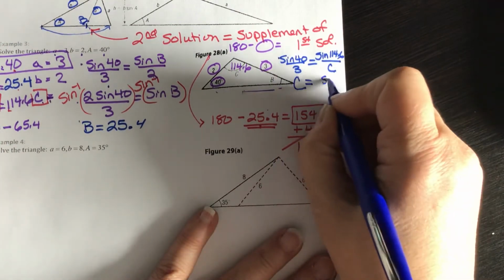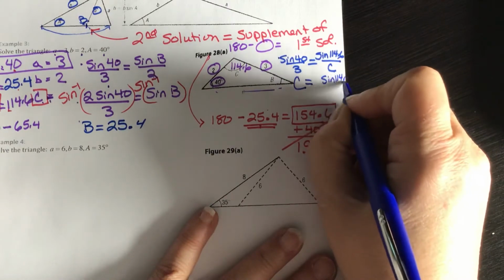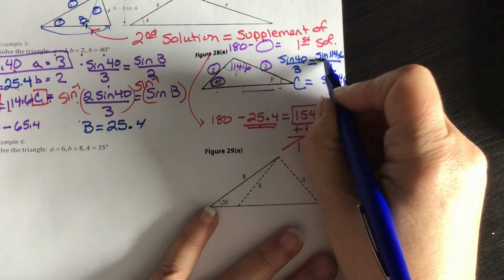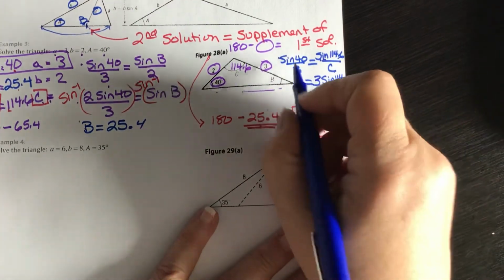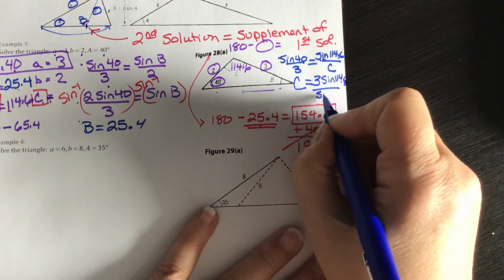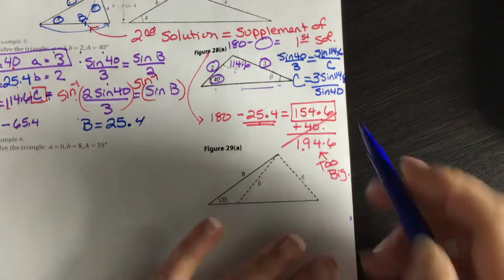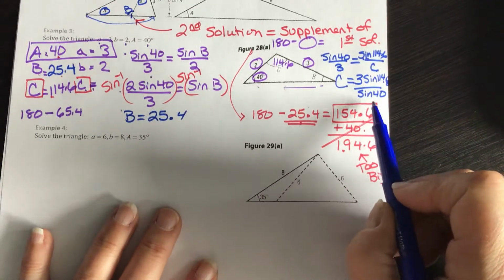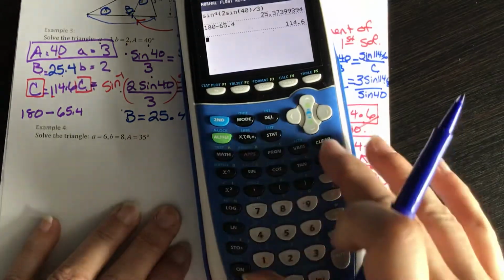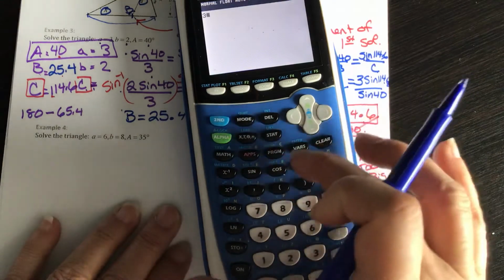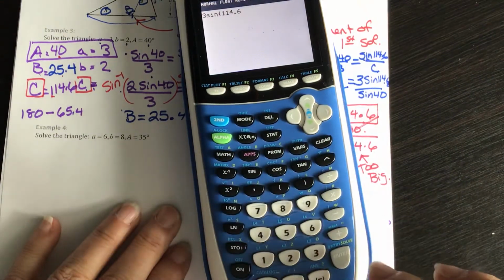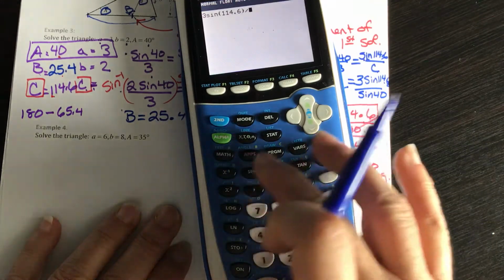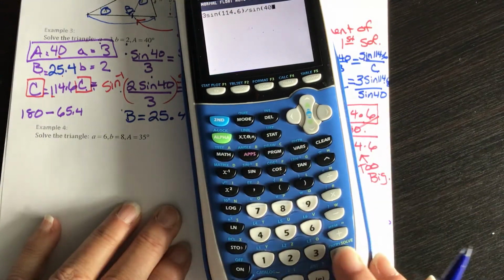And I have sine 114.6. I need to multiply 3 to get it over here, and then I need to divide by sine 40. So I have 3 times sine 114.6 divided by sine of 40.